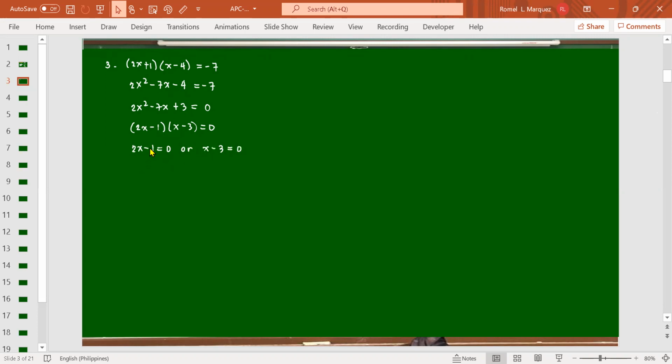For the first linear equation, x is equal to 1/2, no? And for the second one, x equals 3. So therefore, the solutions are 1/2 and 3. Or x is equal to 1/2 or x is equal to 3.